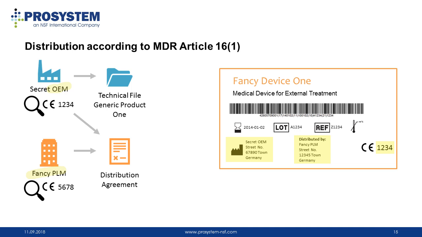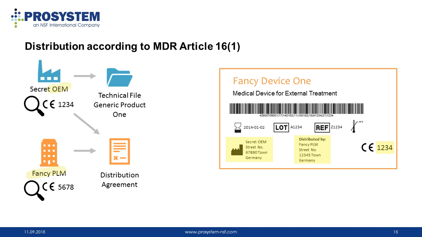So you've got the complete post-market surveillance system that you have to fulfill not only for one PLM branded product, but maybe for 3 or 5 or even more branded products. And you have to fulfill all these post-market processes for them as well. So this has to be kept in mind for the OEM.